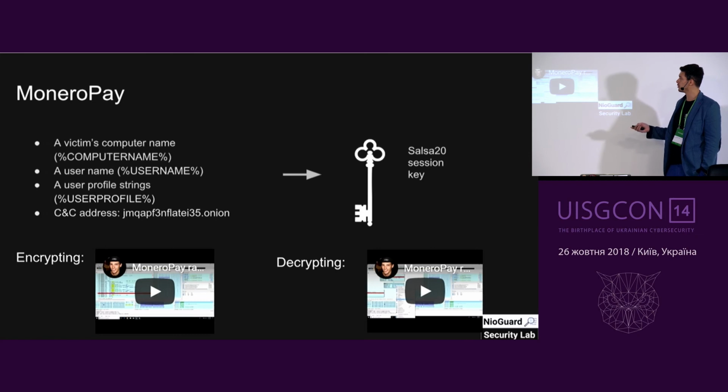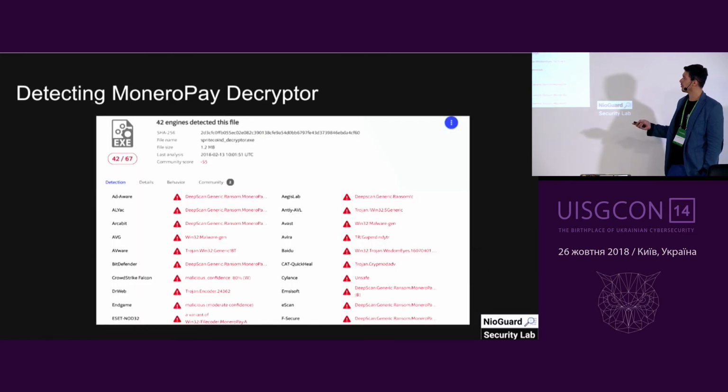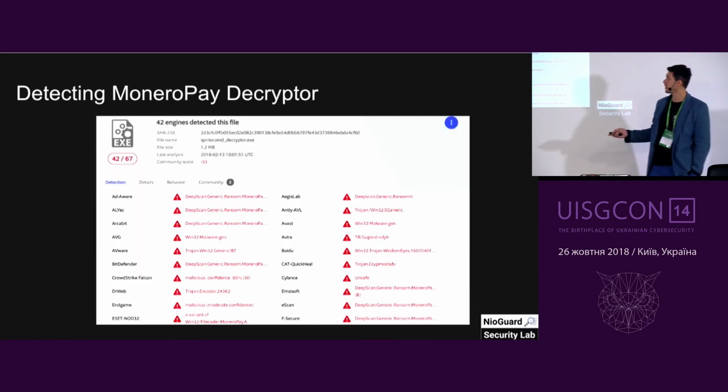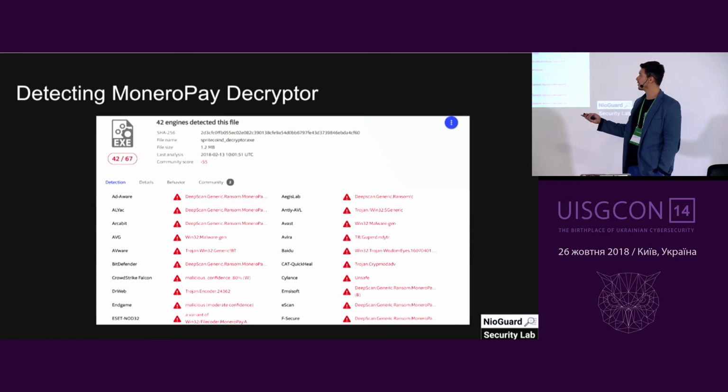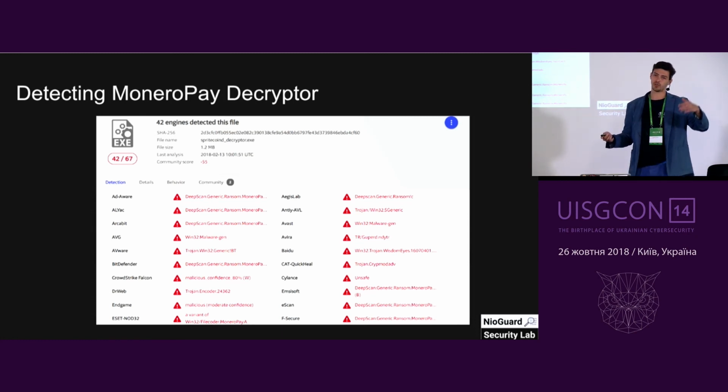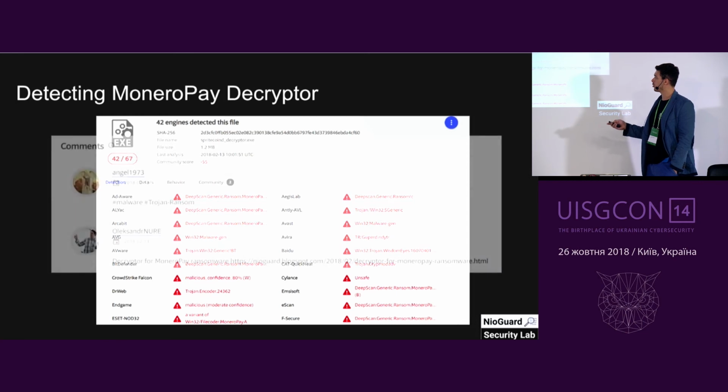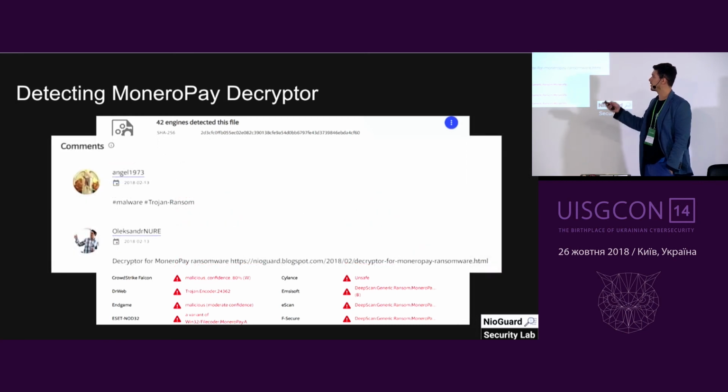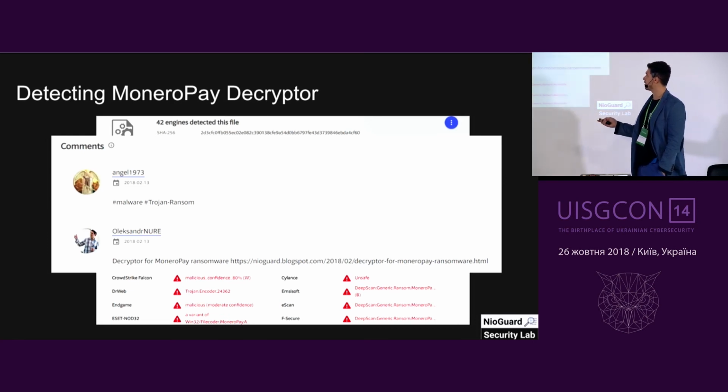So it was easy, again, to patch the program, but the problem with the patch is that the decryptor created as a patched ransomware is, again, detected by antiviruses as ransomware, and the application is blocked and cannot be executed. And in comments they say, okay, this is malware, Trojan ransom, but it's just a patched version of the decryptor.